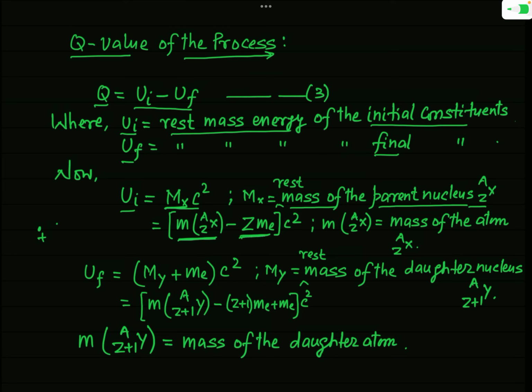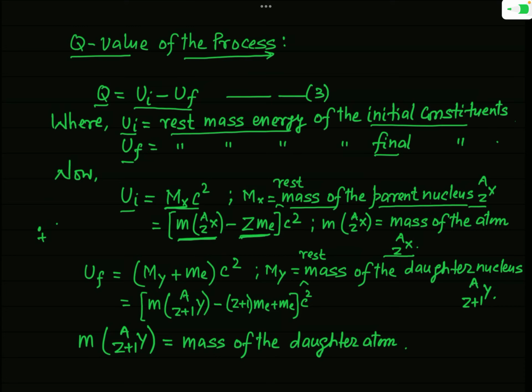So in place of the mass of the nucleus Mx, I have written here m of ZXA minus Zme. Actually, here this m of ZXA represents the mass of the atom X. It is not the mass of the nucleus, but it is the mass of the atom. And when we subtract the total mass of the electrons from this, we get the mass of the nucleus.